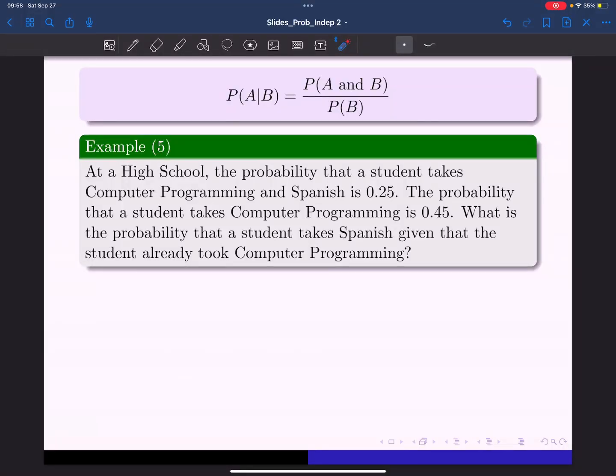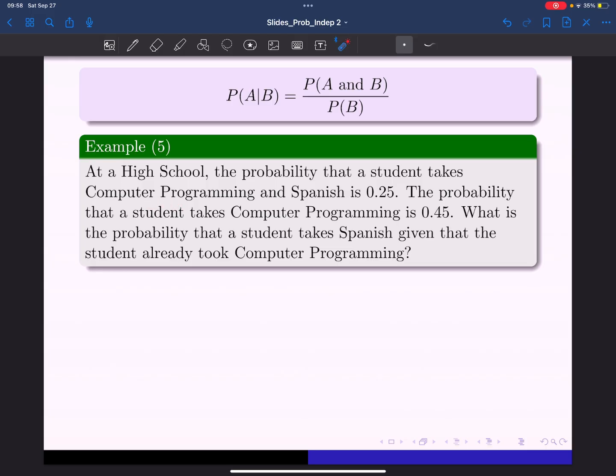Example 5. At a high school, the probability that a student takes computer programming and Spanish is 0.25. The probability that a student takes computer programming is 0.45. What is the probability that the student takes Spanish given that the student already took computer programming?